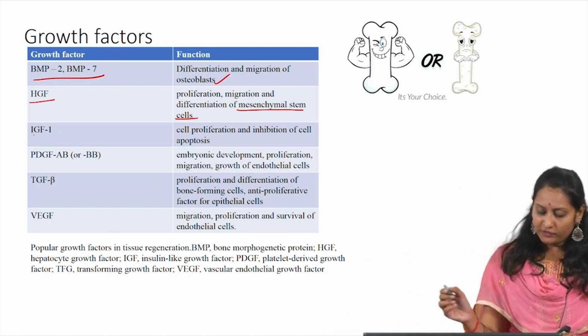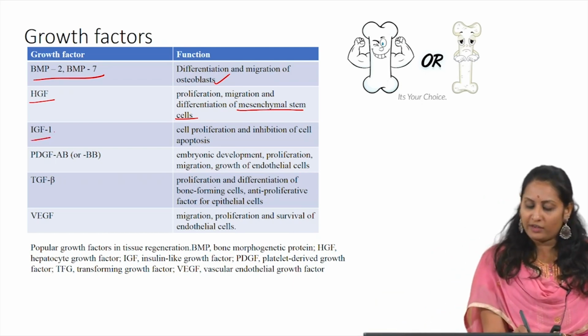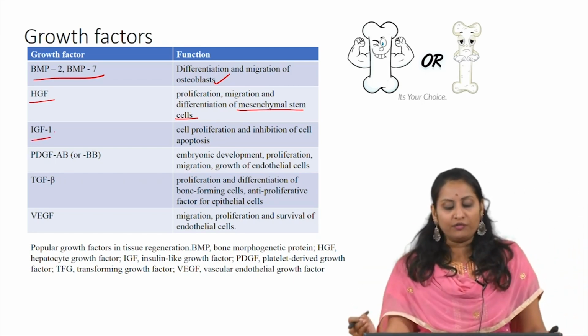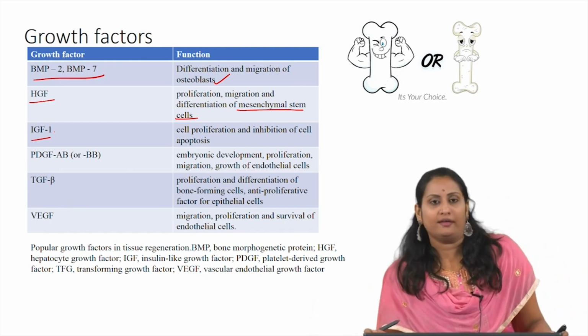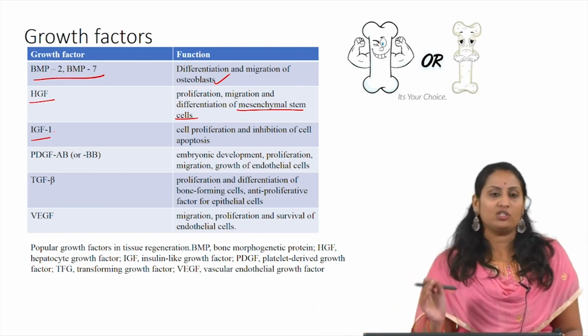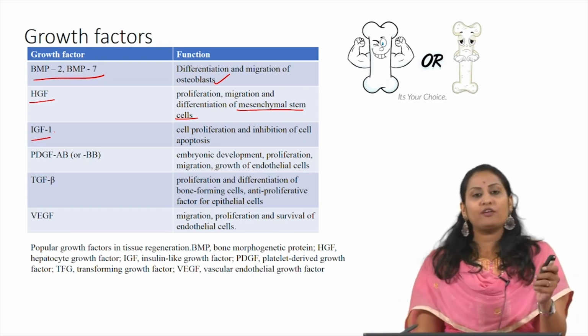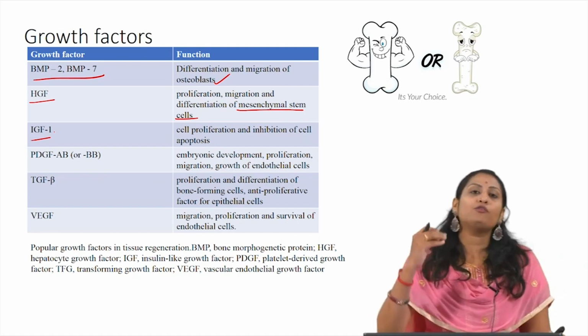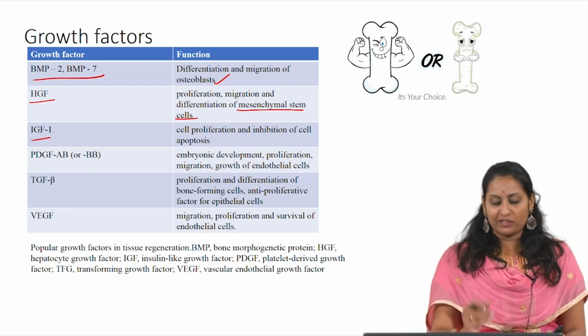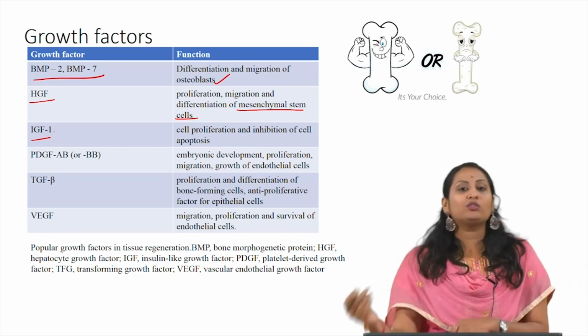And IGF, which is insulin-like growth factor, promotes cell proliferation and inhibition of cell apoptosis. Apoptosis is nothing but cell death, and IGF inhibits that. PDGF, platelet derived growth factor, is responsible for embryonic development, proliferation, migration and growth of endothelial cells.